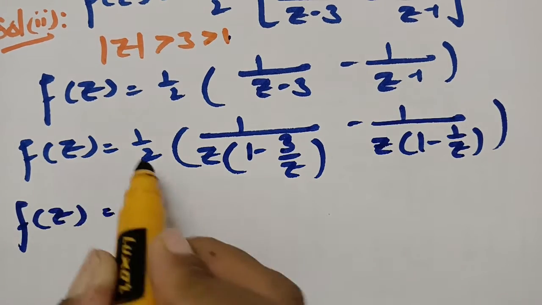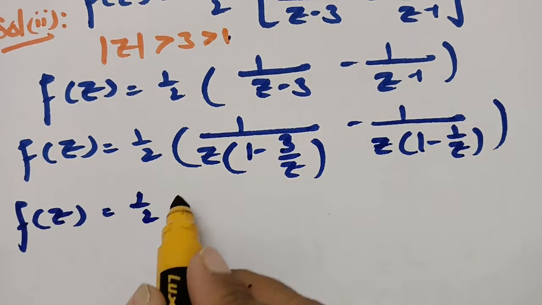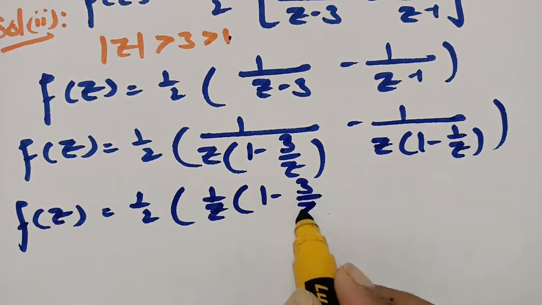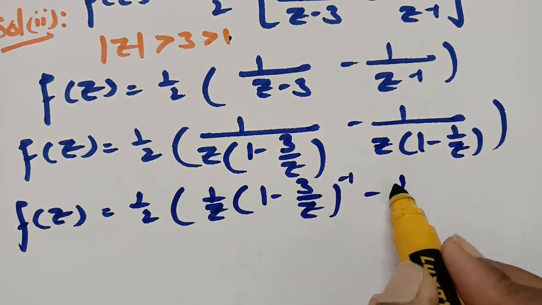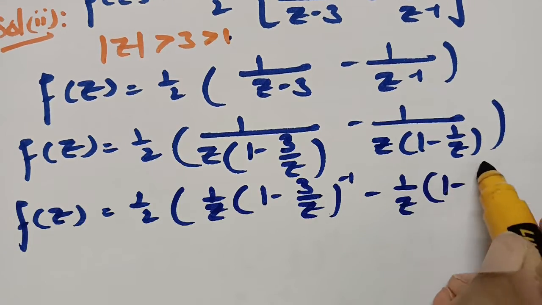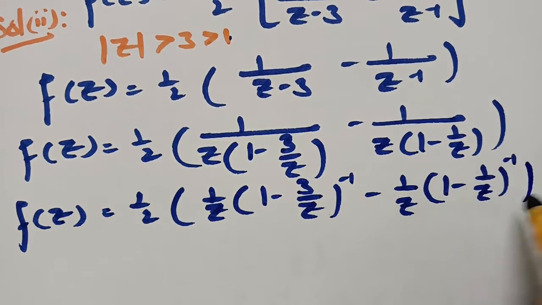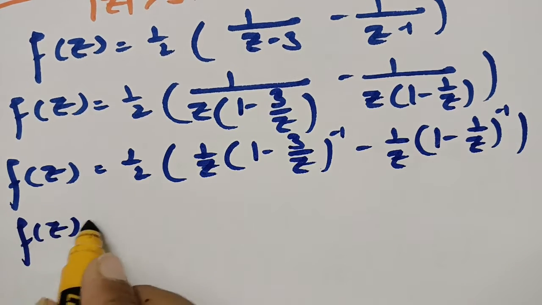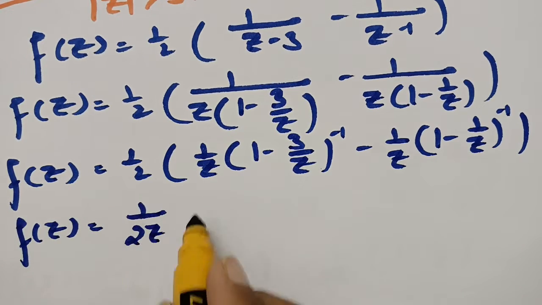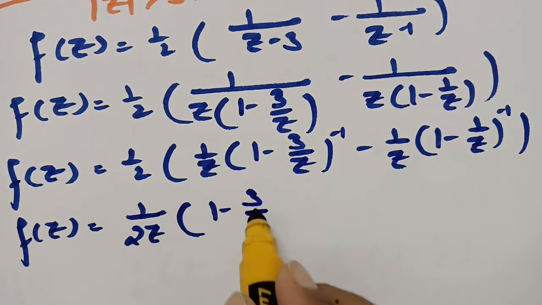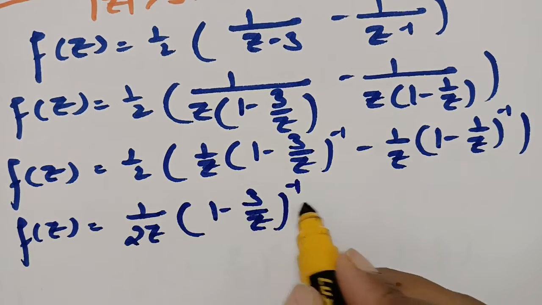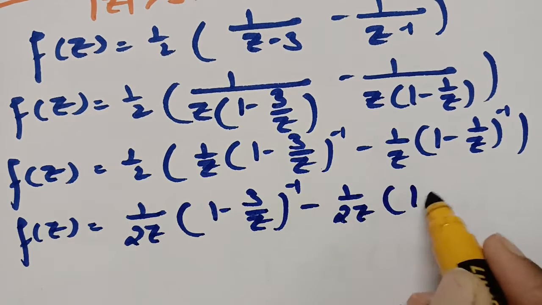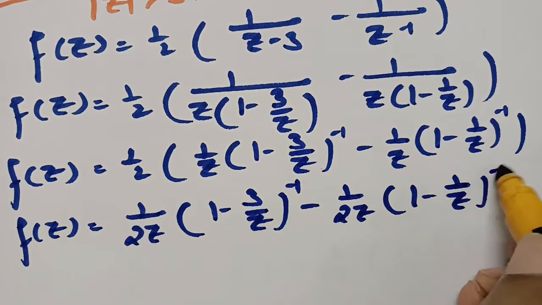So f of z will be 1 by z times of 1 minus 3 by z inverse minus 1 by z times of 1 minus 1 by z inverse. If I send 2 inside, see what happens. This will be 1 by 2z times of 1 minus 3 by z inverse, and if I send 2 inside, this will be 1 by 2z times of 1 minus 1 by z inverse.